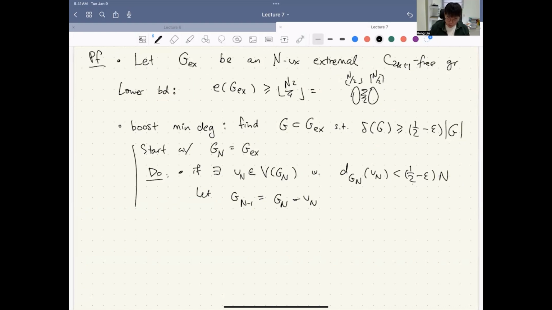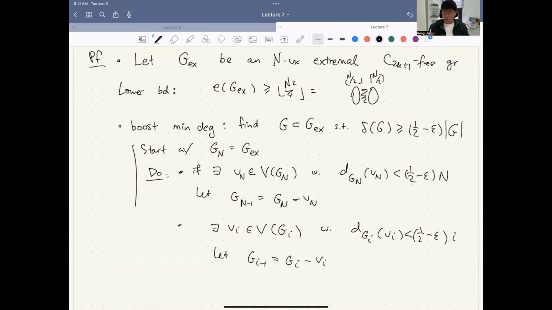So basically the general step is: if there exists V_i in G_i with degree d_{G_i}(V_i) less than (1/2 - epsilon) times i, then we let G_{i-1} be G_i minus V_i. So whenever you have a small degree vertex, remove it.